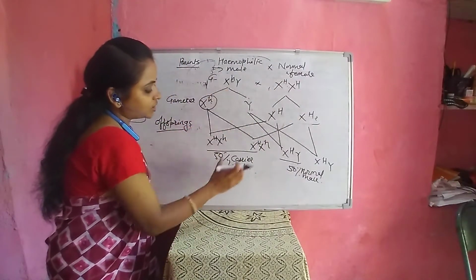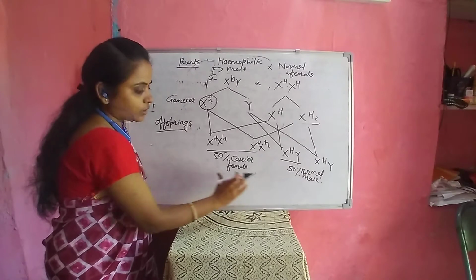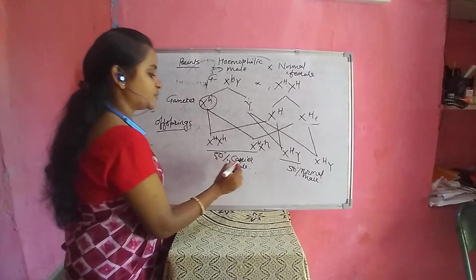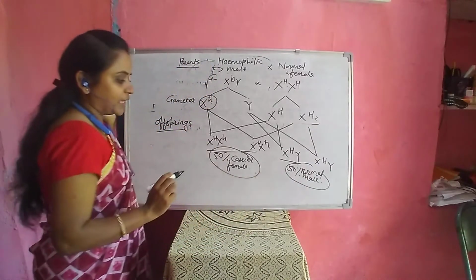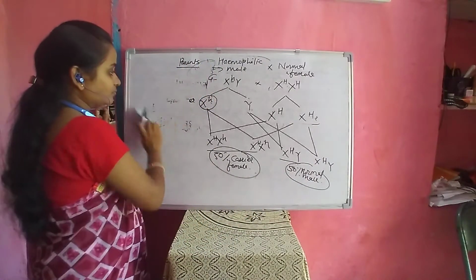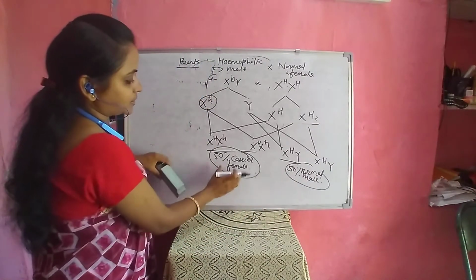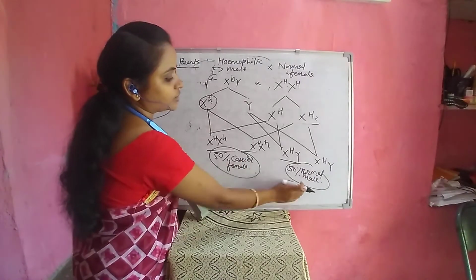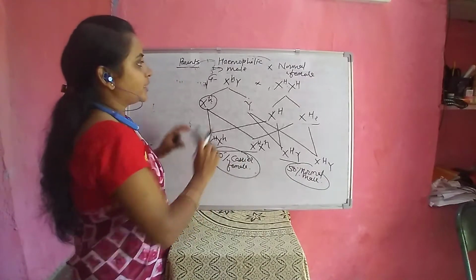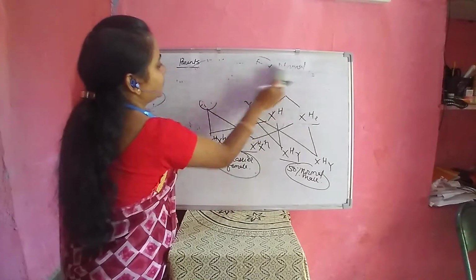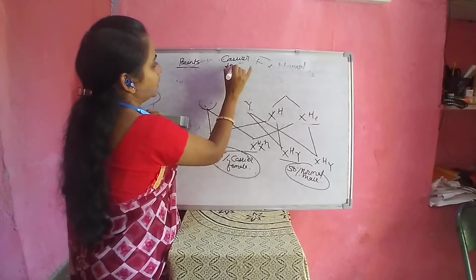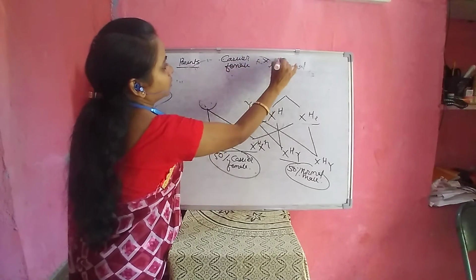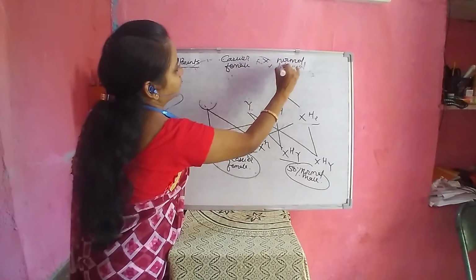In that condition, two different offspring are seen: 50% carrier female and 50% normal male. Now, when this carrier female crosses with the normal male, what happens? In the second condition, carrier female crosses with normal male.